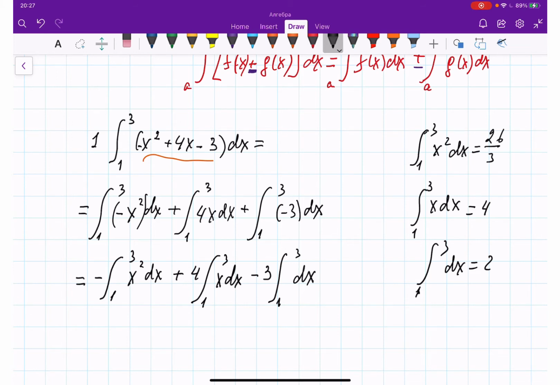Okay, and we have the values, right? And we'll see how we're going to solve it.